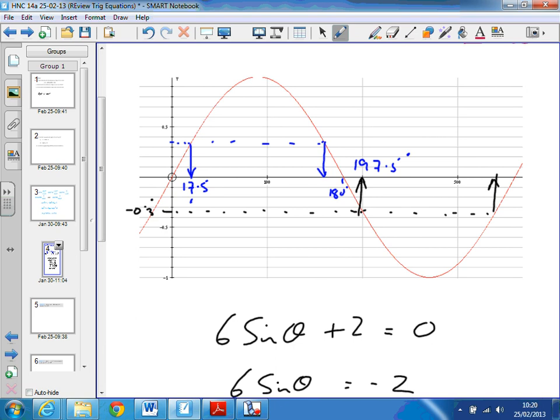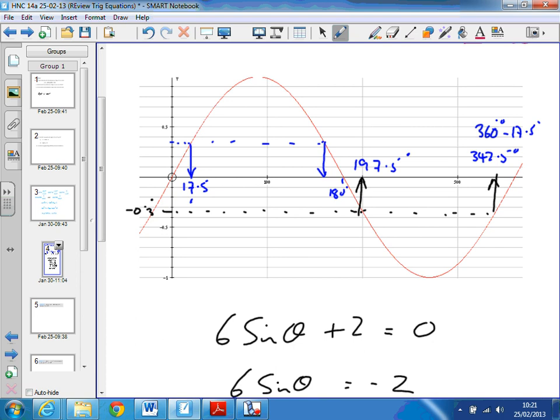Right, 360 minus 17.5 degrees will give us this angle, which is 342.5. Those two angles, 342.5 and 197.5, have a sine of minus 0.3 recurring.